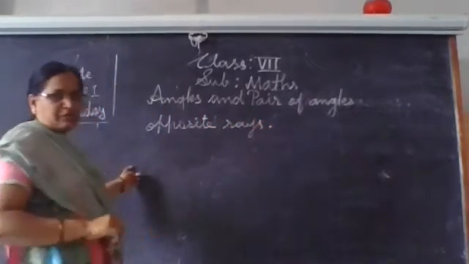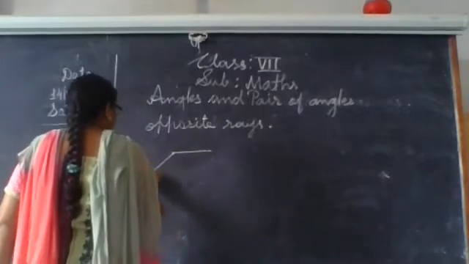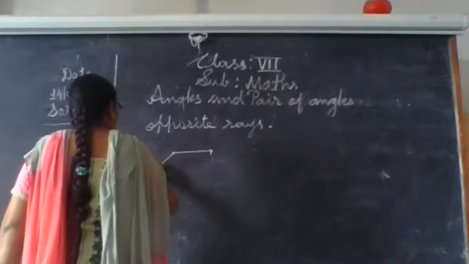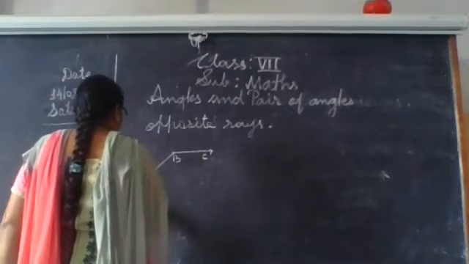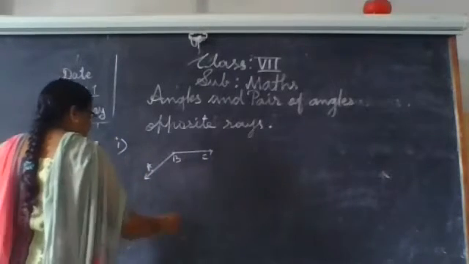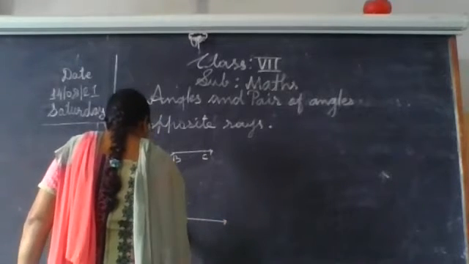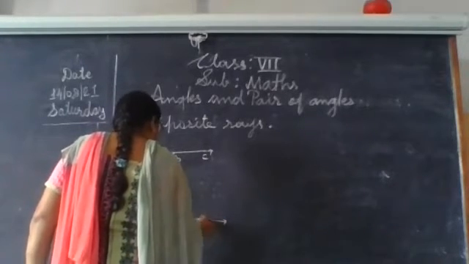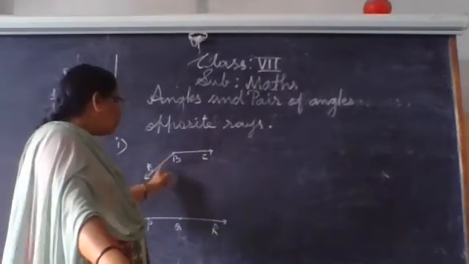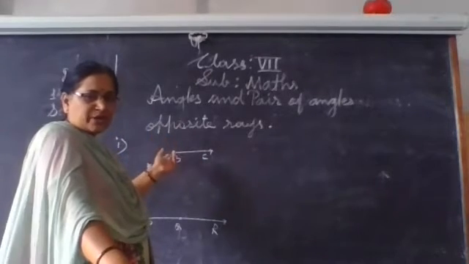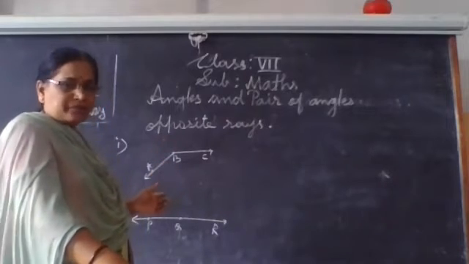Okay, so I am explaining with the help of two figures. One figure has point A, point B, and point C. Now see the other figure: point P, Q, and this point is R. See, beta, the origin of both rays, origin means the starting point, the starting point of both rays is B, and they form an angle.